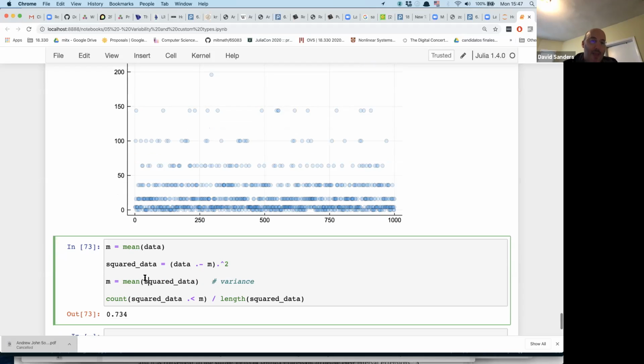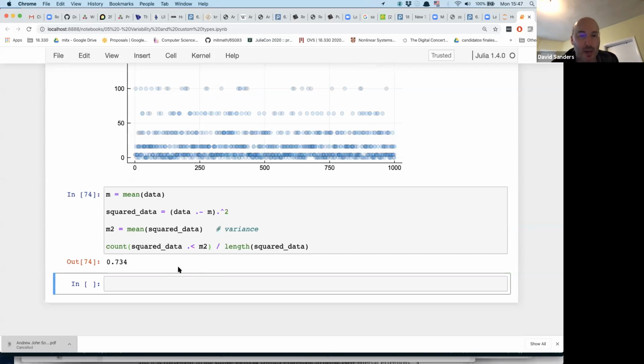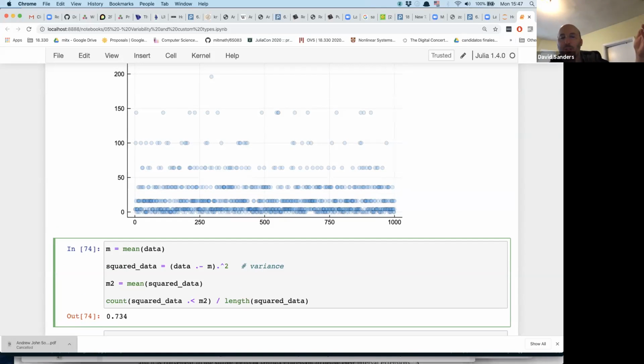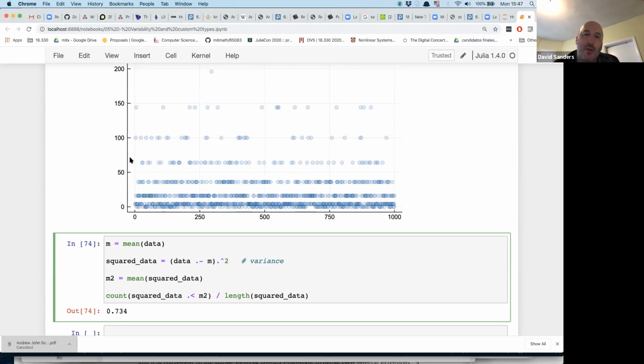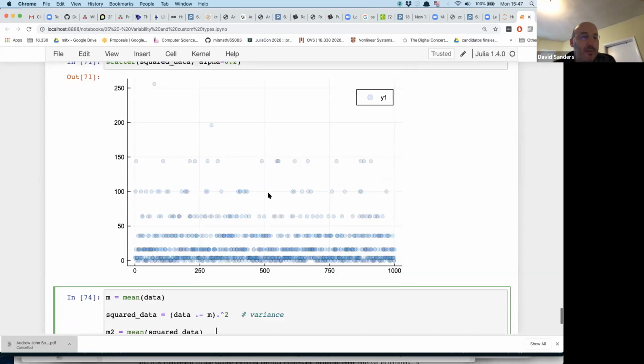And then let's call m2 the mean of that new data. And so I want to calculate the fraction that's less than that new mean. This is called the variance, right? So that's what the variance actually means, right? So often people just sort of teach it as this is what you calculate, but this is what the variance actually means. It's the sort of mean of the width of this scaled version of the data.